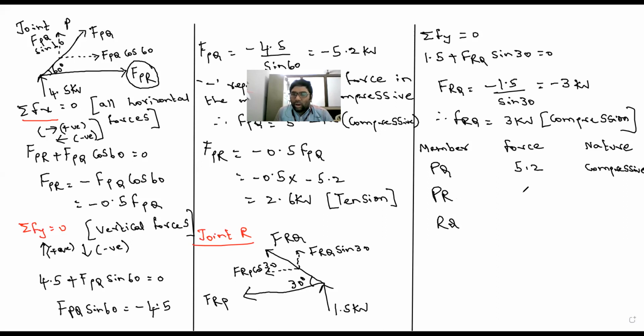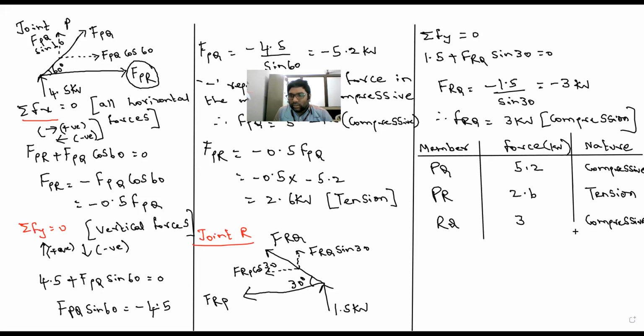How much for PR? 2.6, and this is tension. And for RQ? 3, and this is compressive. So this table also should be sketched at the end. Force in kilonewton. Everyone should sketch this table to get a clear understanding of all the different forces in this truss. Okay, so this is the first problem.